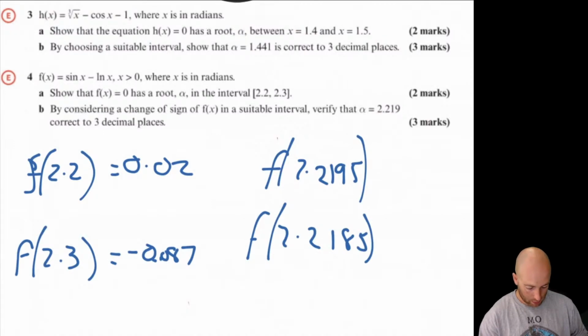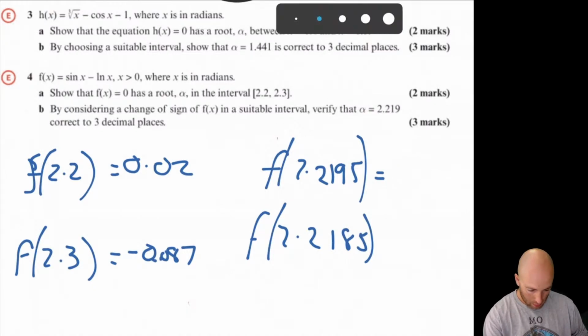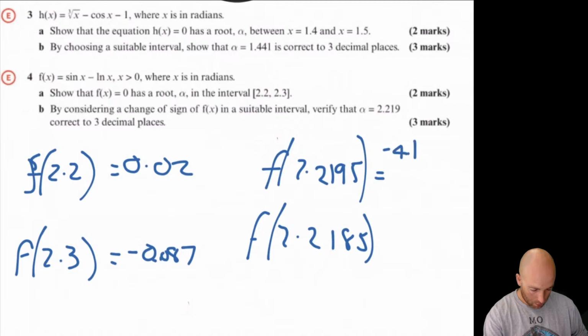We'll do the same thing with the other bits just to speed us up a bit here. Minus 4.14 times 10 to the minus 4, and same thing with 2.2185, 6.4 times 10 to the minus 4.